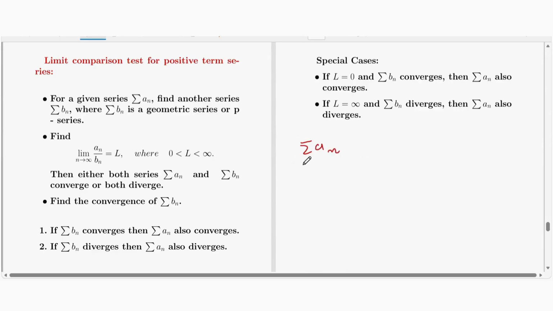Now we are interested to check the convergence of this given series. Now for this given series, find another series bn. But what should this bn series be? This bn series is either a geometric series or a P series.